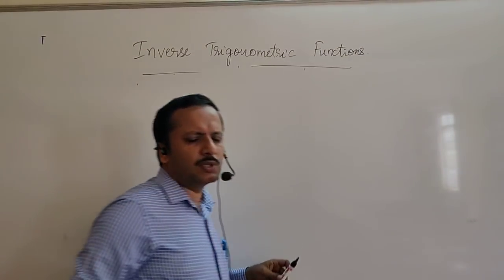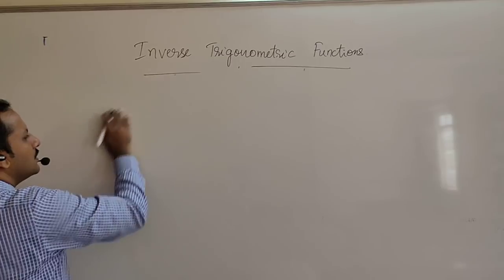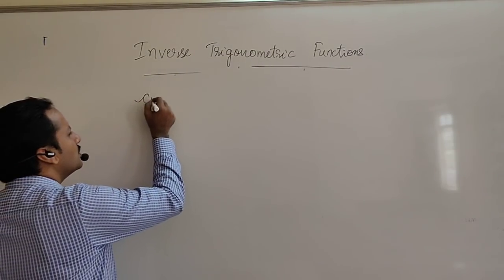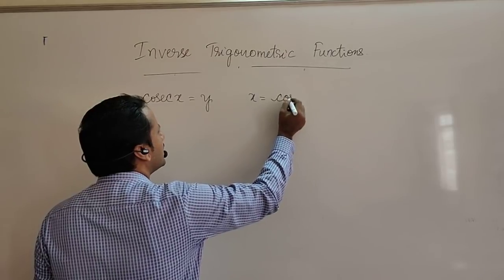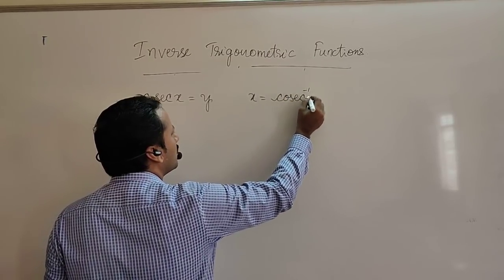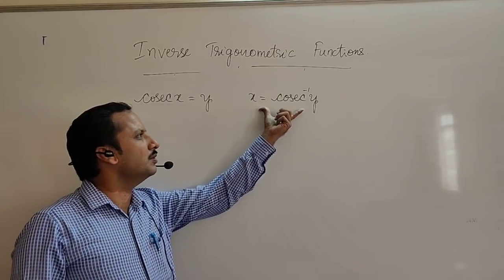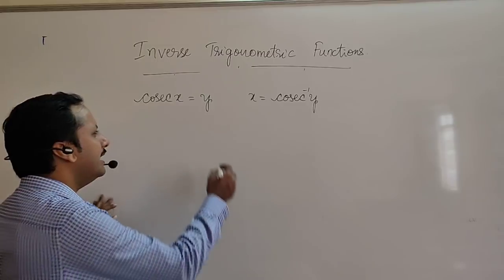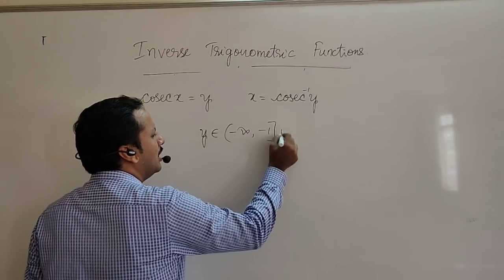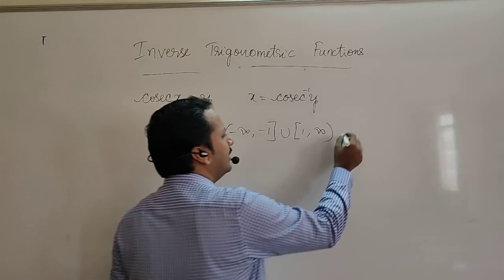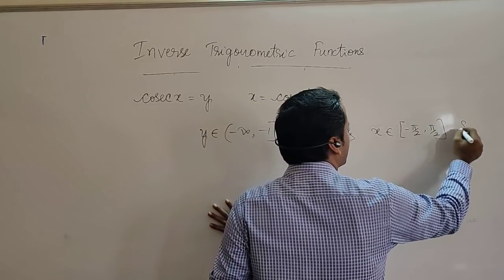Now let us discuss cosecant inverse x. Suppose cosecant x is equal to y, then we say x is equal to cosecant inverse y, provided y lies in the interval minus infinity to minus 1 union 1 to infinity and x lies in the interval minus pi by 2 to pi by 2 except 0.